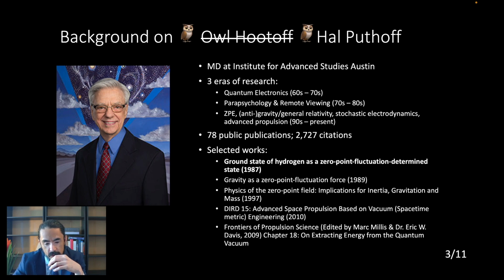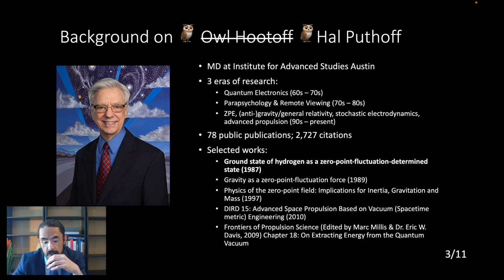And so as far as that third era of research is concerned, and what might be a little mini series here of going over some of these publications of Hal Puthoff, we have these selected works. So today we're looking at, from 1987, Ground State of Hydrogen as a Zero-Point Fluctuation Determined State. Two years later, he has a paper titled Gravity as a Zero-Point Fluctuation Force. 1997, Physics of the Zero-Point Field: Implications for Inertia, Gravitation, and Mass.